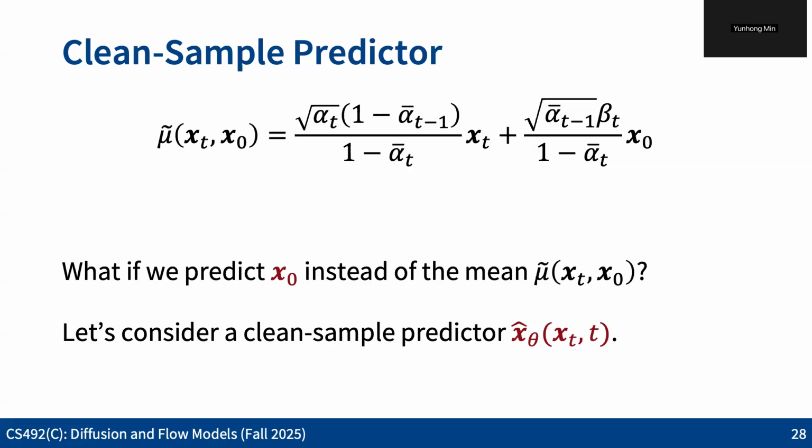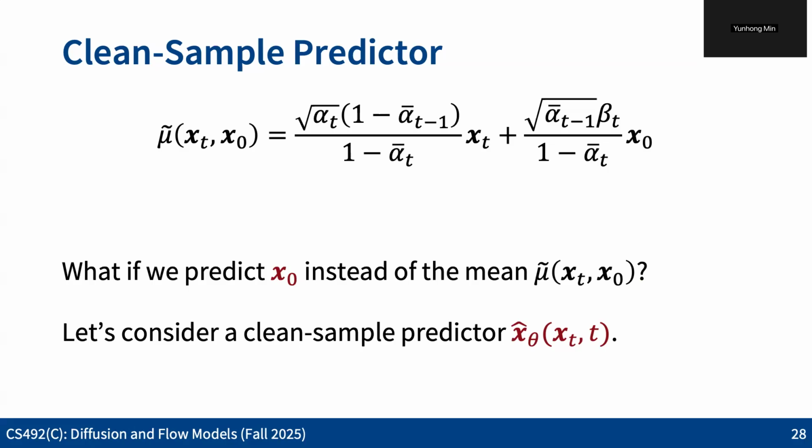What if we consider not the mean predictor, but an x0 predictor, in a way that we can compute the mean from xt and x0? Well, what's x0 here? x0 is one of the training data points, basically the clean data sample, while xt is the noisy data, the point after we inject some noise, right?